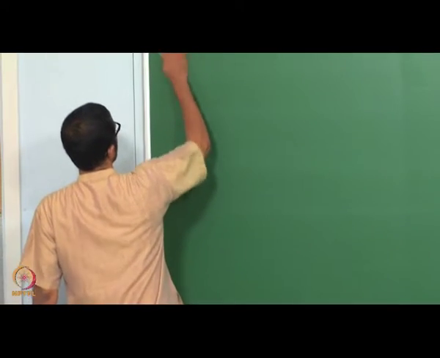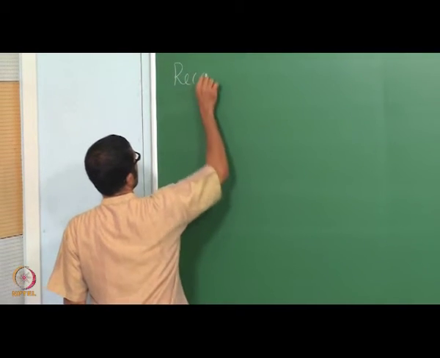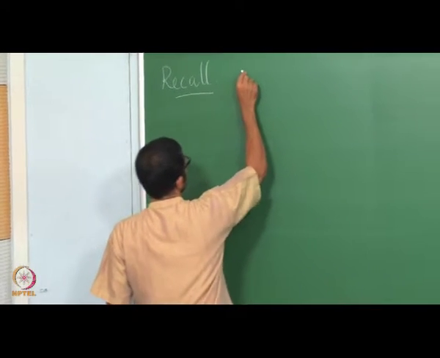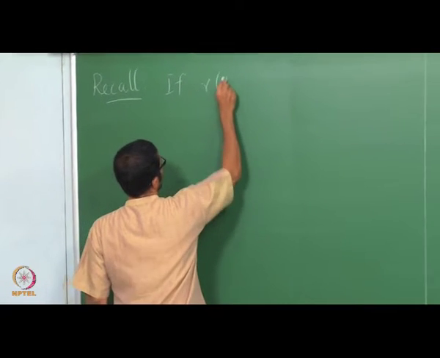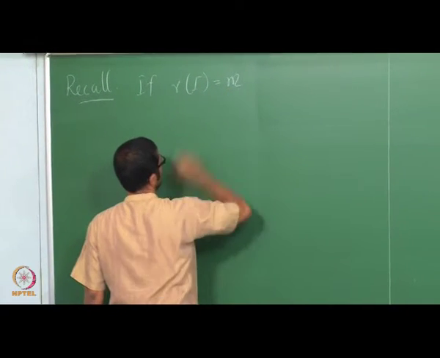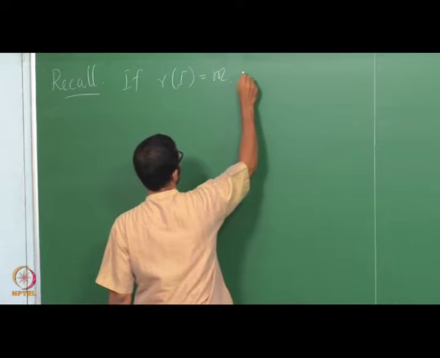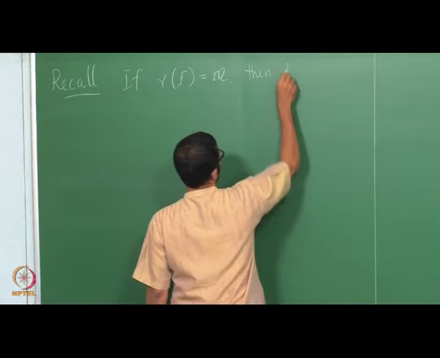Okay, so let us continue. Last time we proved that if the radical of an ideal is a maximal ideal, then I is primary.